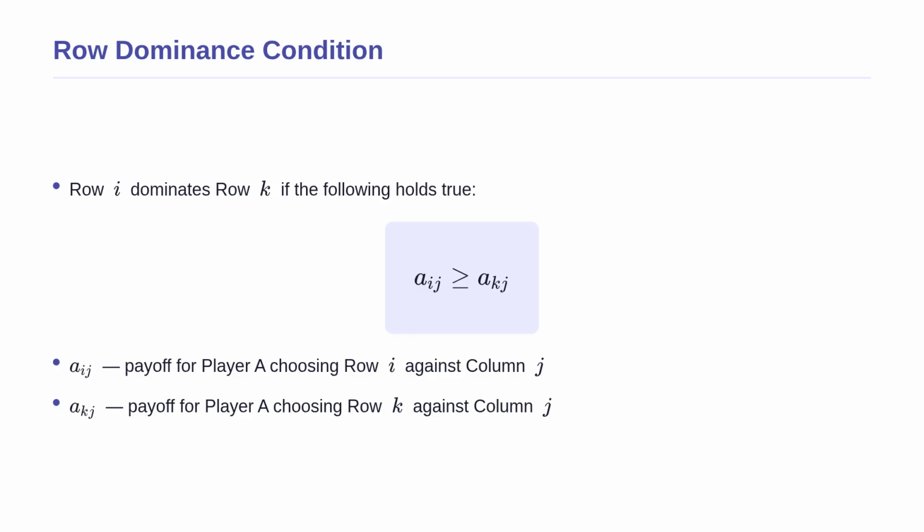The variable A_kj is the payoff if player A had chosen row k instead. If this greater than or equal to condition holds true for every single move the opponent can make, represented by the index j, then row i is universally better. If the values in row i increase, the dominance becomes even stronger.